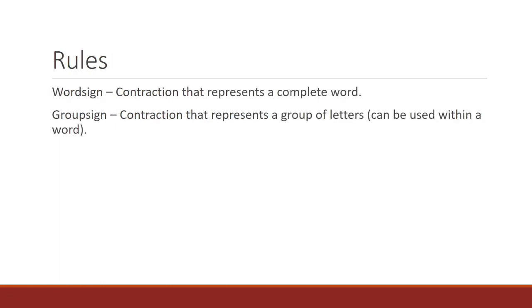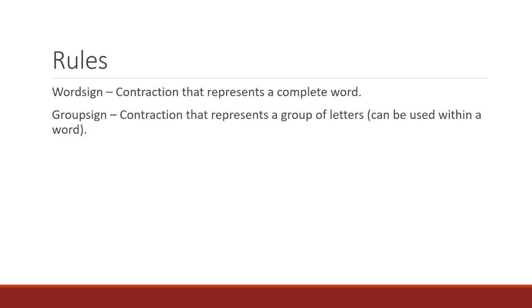You might remember that in Lesson 4 I explained that all of the contractions are placed in groups to help you remember the rules. Both the strong contractions and the .5 contractions are part of the same groups. They are both word signs and group signs. Word signs are contractions that represent a complete word and can stand alone.